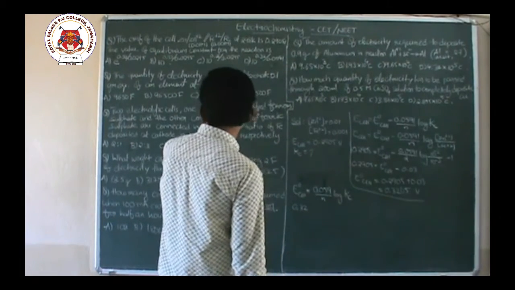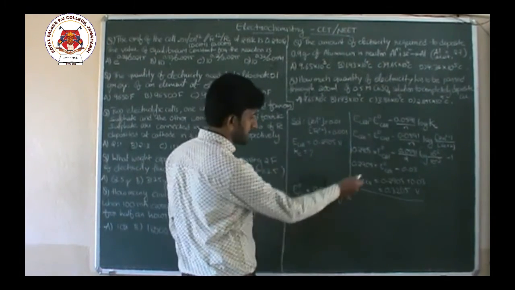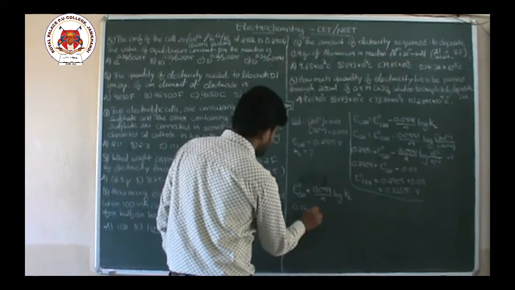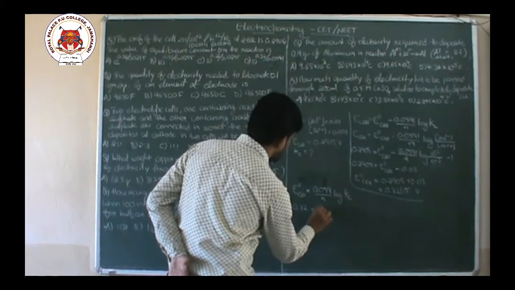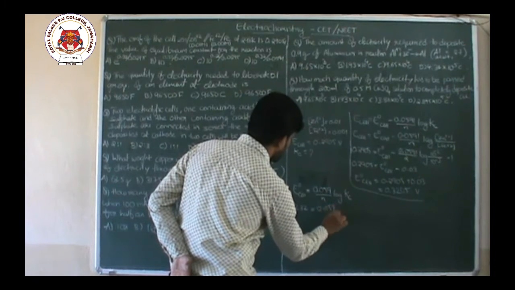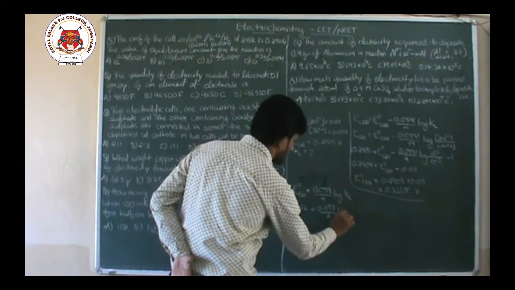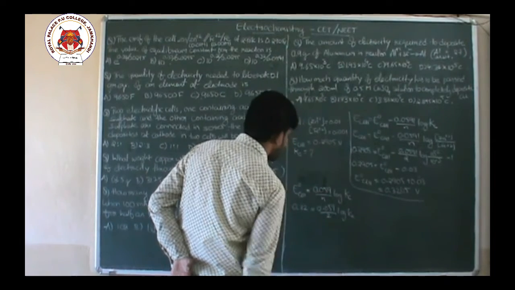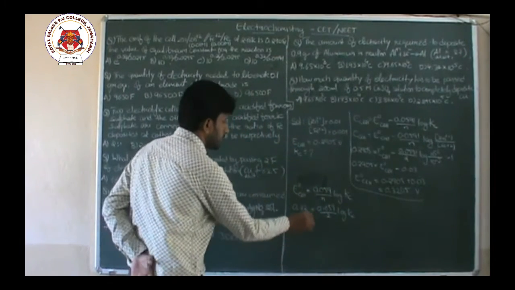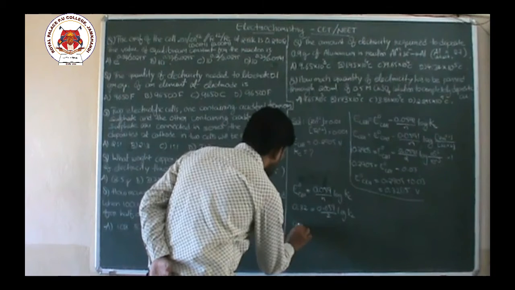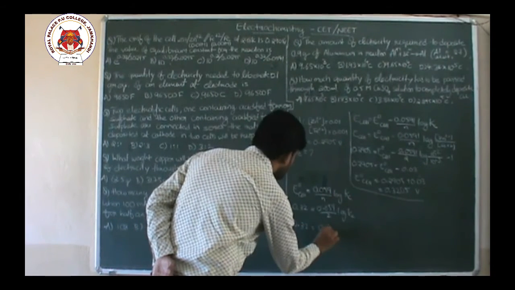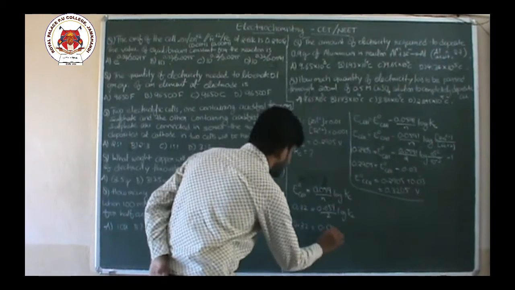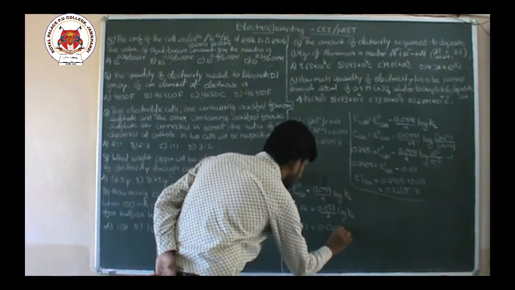Up to 32 is enough, I am not taking more than that. It is equal to 0.059 by 2 log Kc. What is 0.059 by 2? It will be approximately 0.0295.